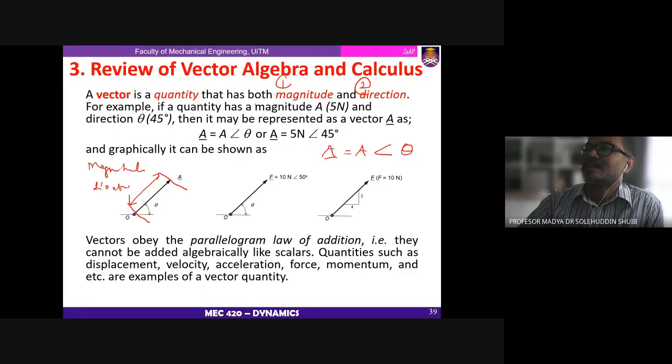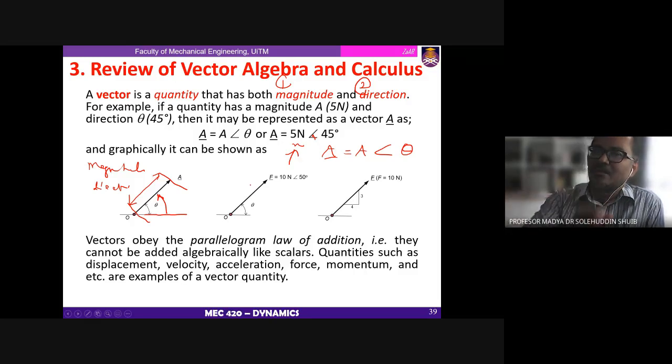So if the quantity has magnitude 5 Newton, I replace this with 5 Newton, and then direction of 45 degrees. 45 degrees from where? 45 degrees from this 0, counterclockwise.